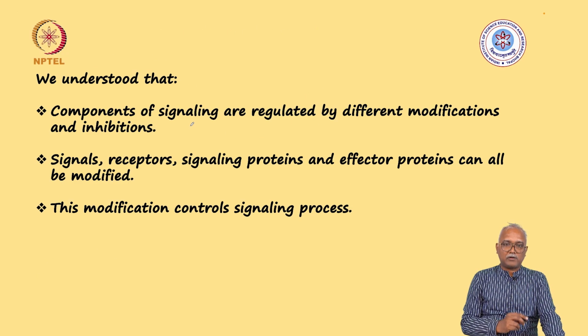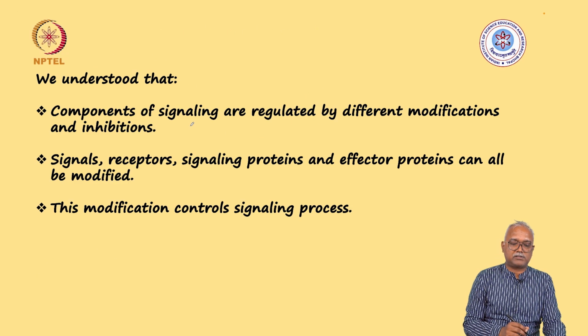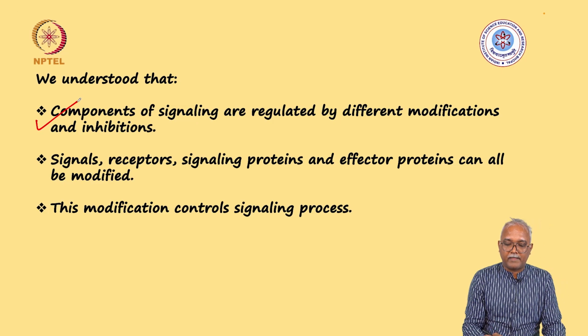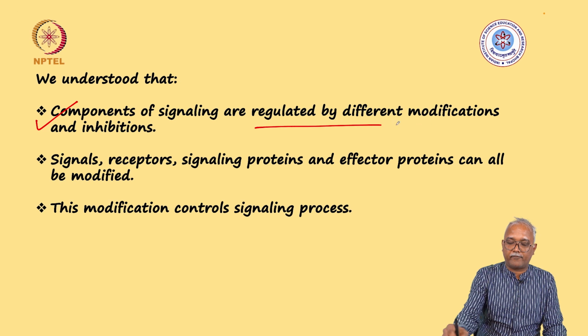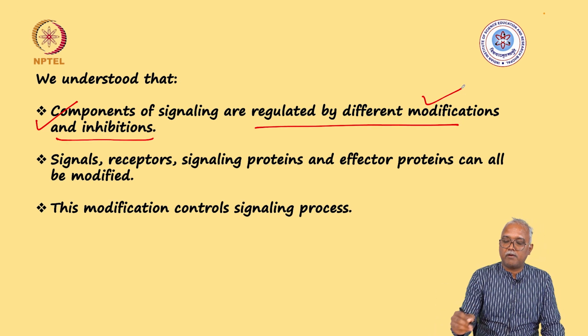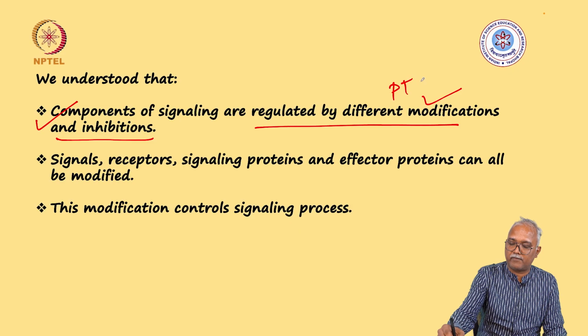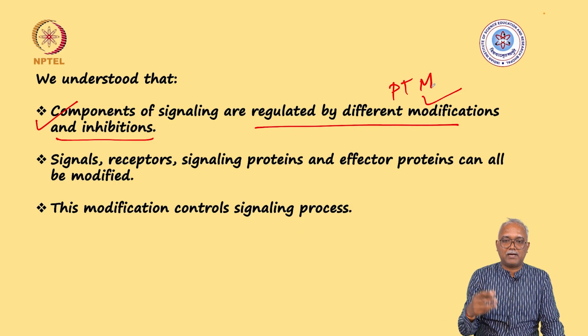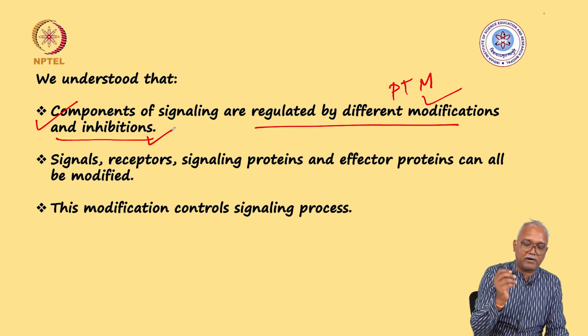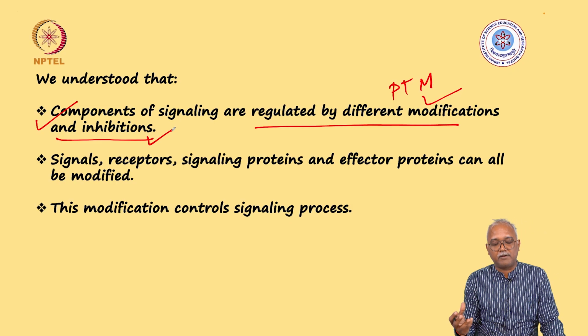So what we can conclude from this lecture is that the different components which you see in signaling can be regulated by different modes. One could be their modification by post-translational modification, attaching methyl, acetyl, phosphate groups and so on, or you can inhibit them by the presence of an inhibitor.